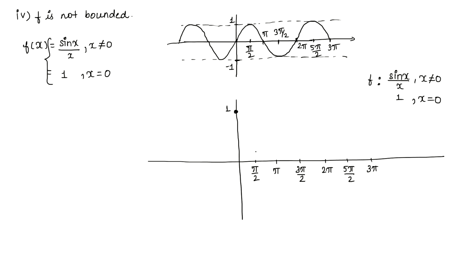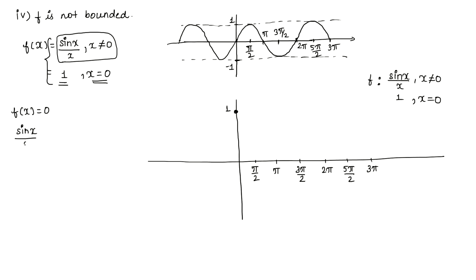So let us see how the function will be behaving. If we want to find the points where f of x is equal to 0, clearly f of x is not equal to 0 at x is equal to 0, right? When x is equal to 0, the value of f of x is 1. So we have to evaluate the points where sin x by x is equal to 0 to find the points where f of x is vanishing.